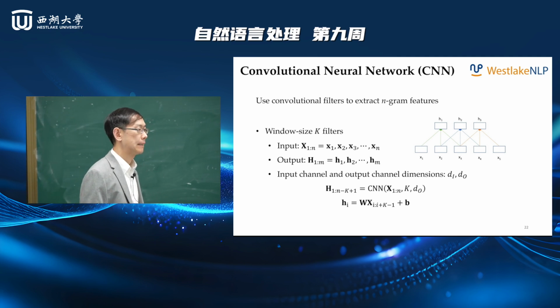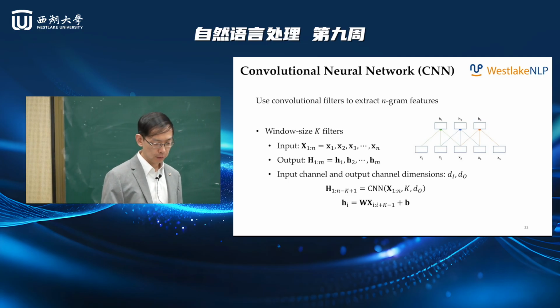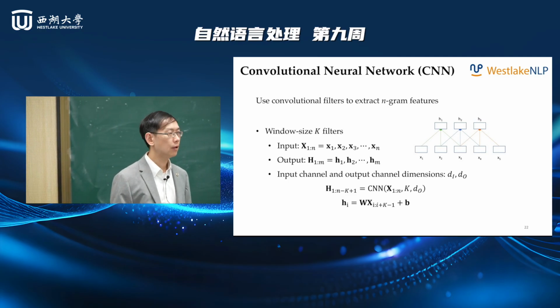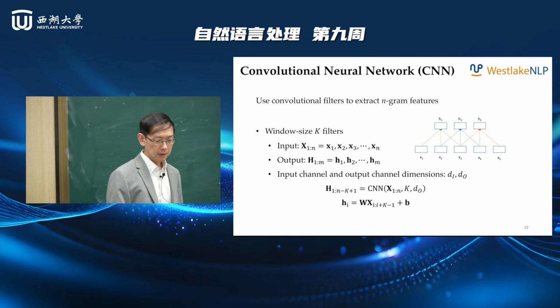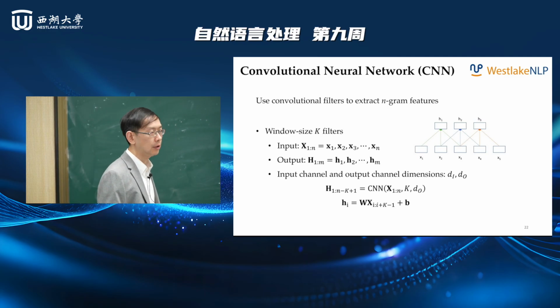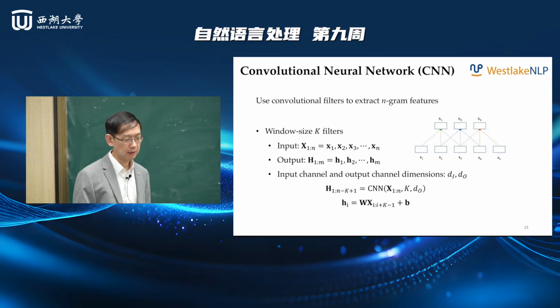convolutional neural network extracts features from n-grams, and this n is a fixed value. We can denote that as k, k-gram features. So in this picture, I showed you a CNN that extracts trigram features, right?